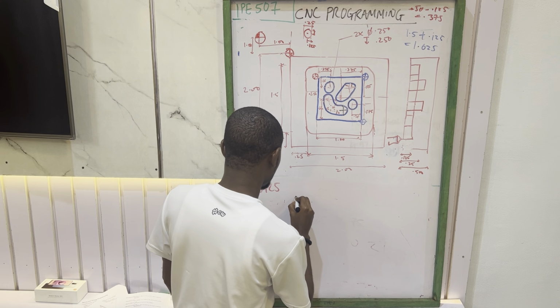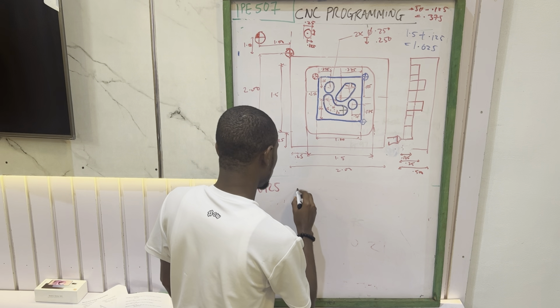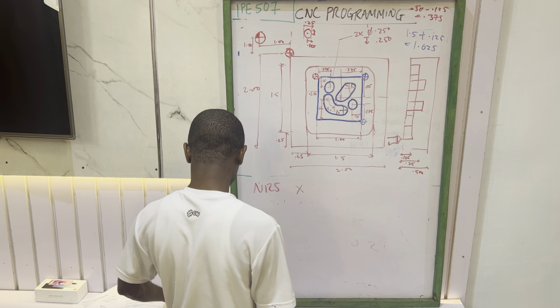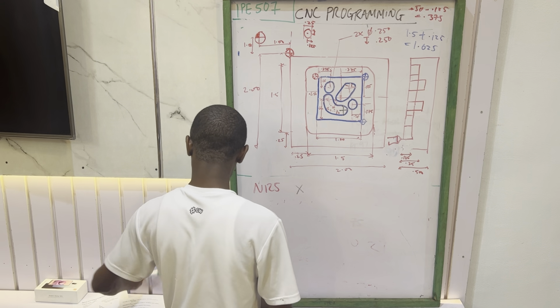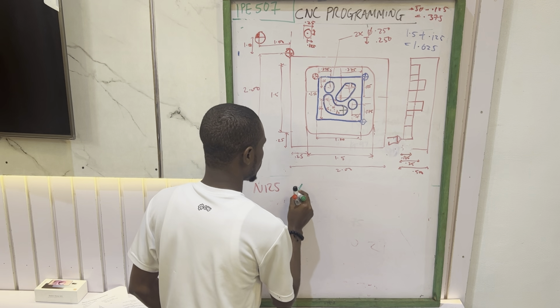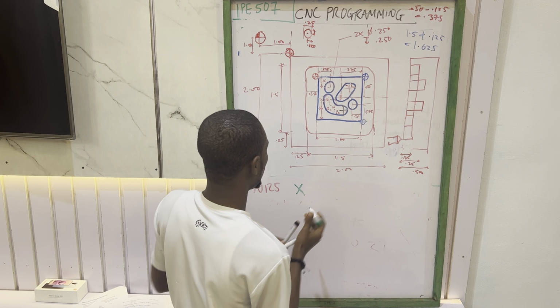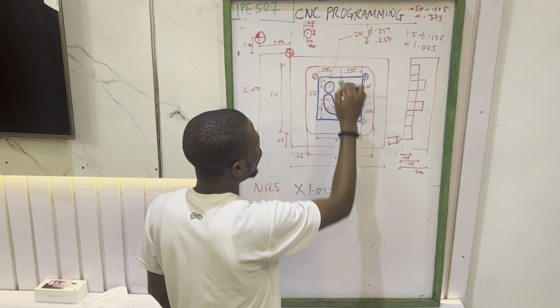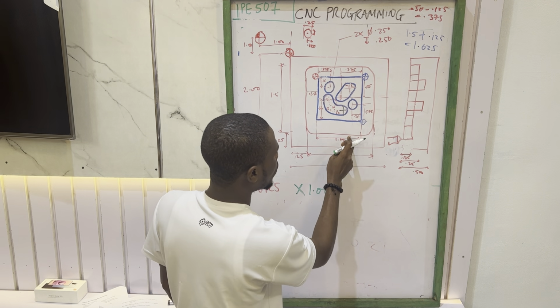So on my X, it is, sorry, let me use a better marker. On my X, it is 1.00. So while on my Y, this 0.25, 0.25. Okay, let me trace it from the bottom. Maybe it will help.